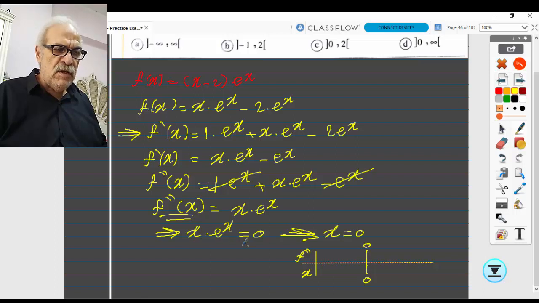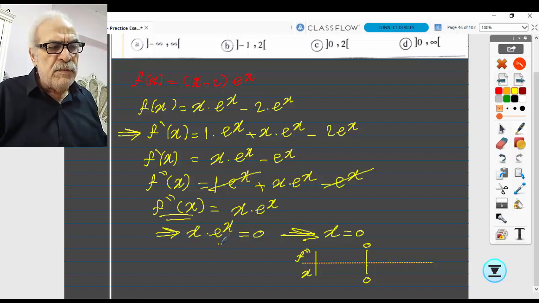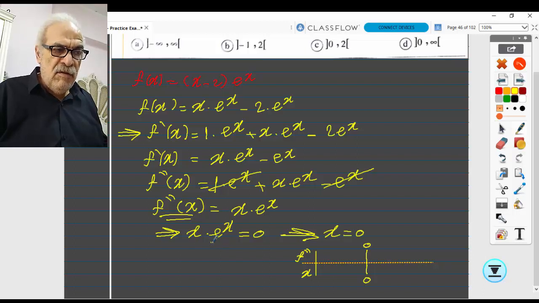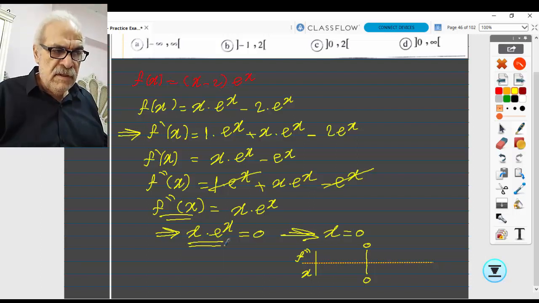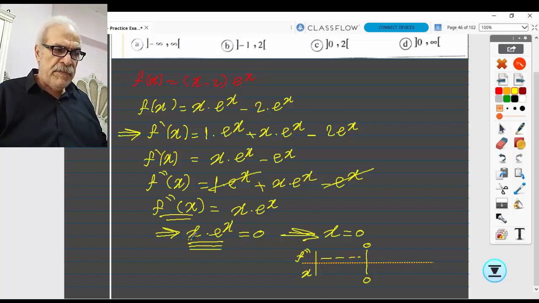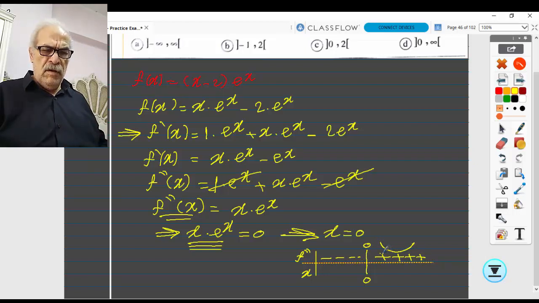For x less than 0, e power x is always positive, so the sign of x dot e power x depends on x. When x is negative, the whole term will be negative. And when x is positive, greater than 0, f double dash will be positive. So in this part the function is convex downwards, and in this part, convex upwards.